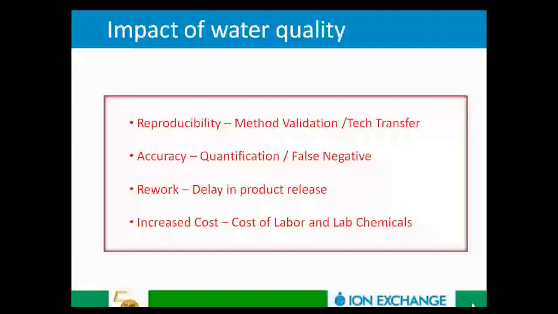When the results are not reproducible or not accurate, the customer or the lab analyst has to perform the experiment again, which leads to increased cost of labor and cost of chemicals. So it is very important to have water which is free from contaminants.